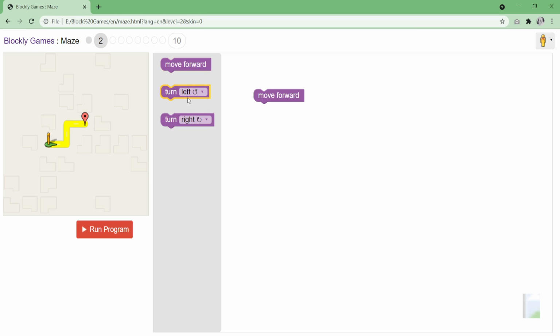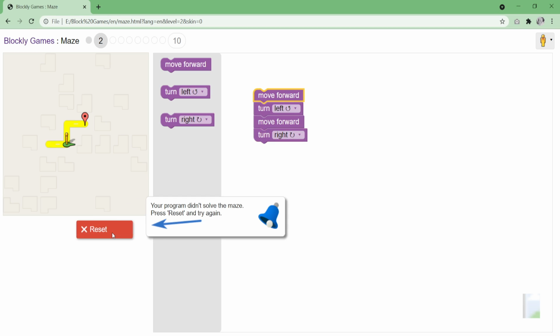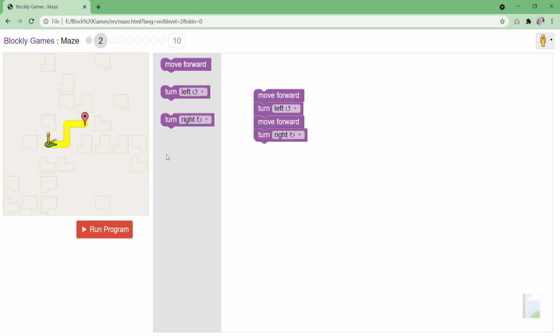Then next we have move forward, turn left, then turn right. Move forward, turn left, then move forward, then right. Then another one, move forward.